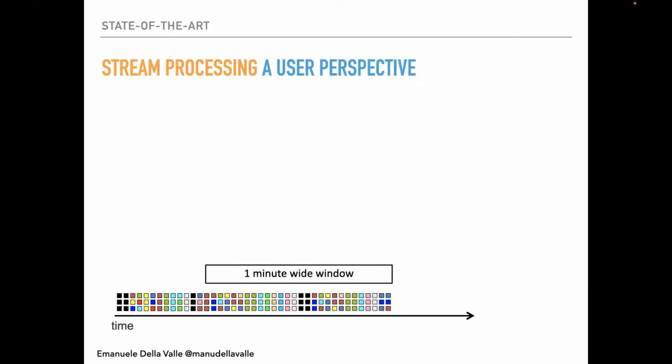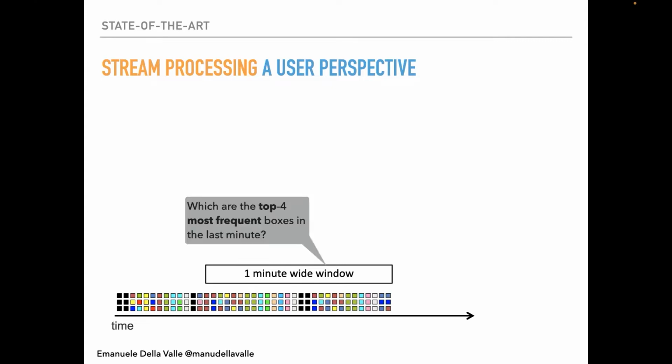So we have a window that is opened from now back 1 minute in time. And what we can do is basically assuming that the data will pass through the window, and while the query is registered, we will get answers as a flow.